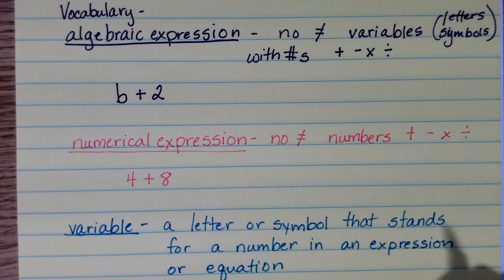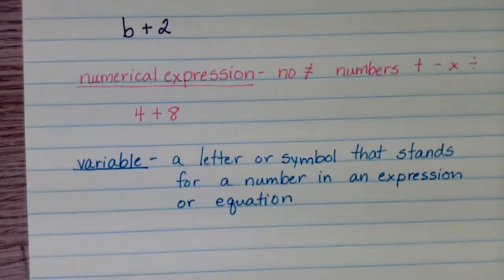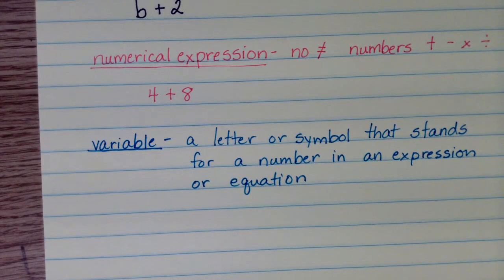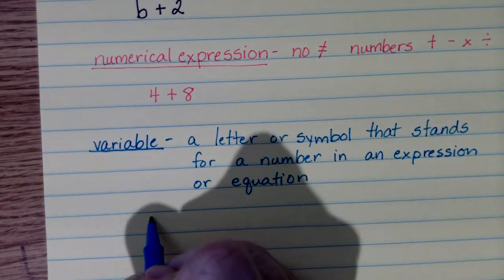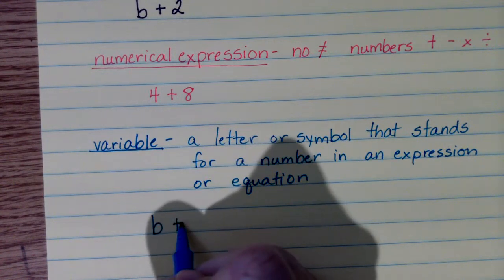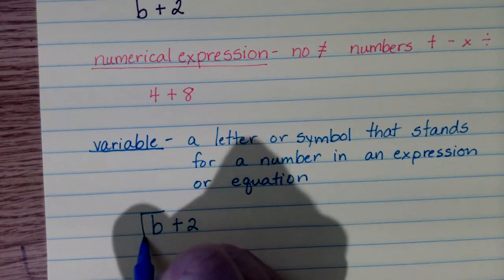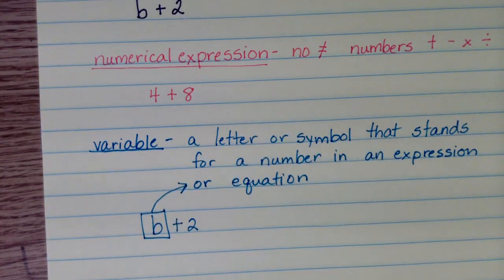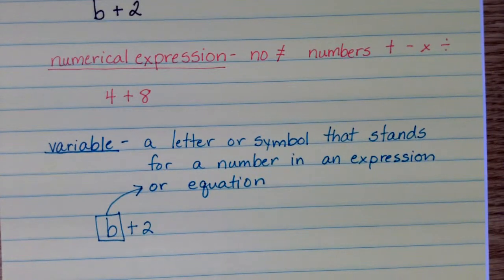And again, remember that an expression does not have an equal sign, but an equation does. So the variable in b plus 2, b is your variable. Now, it's not always going to be b. It can be any letter of the alphabet. Oftentimes, you'll see x and y or a, b, c. So just keep that in mind.